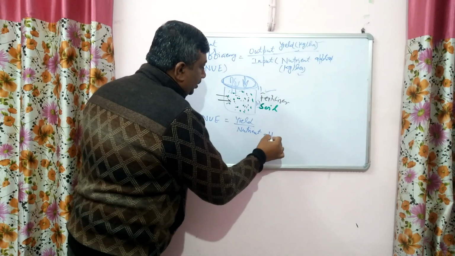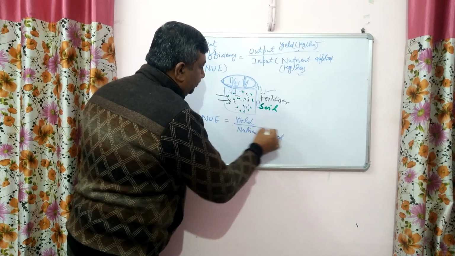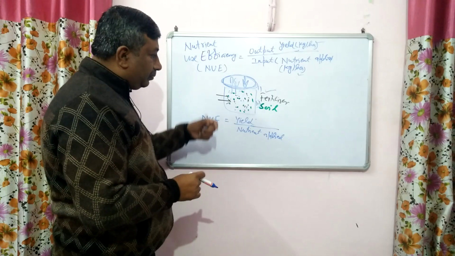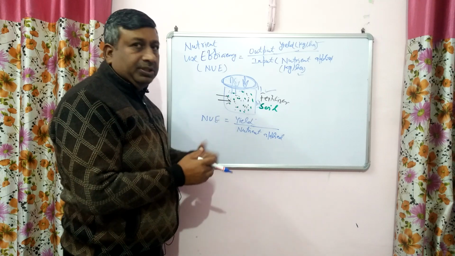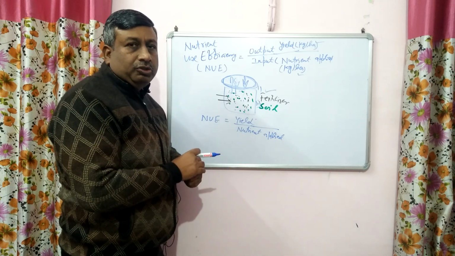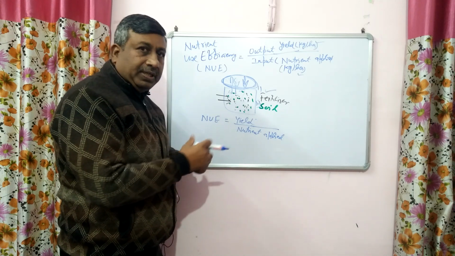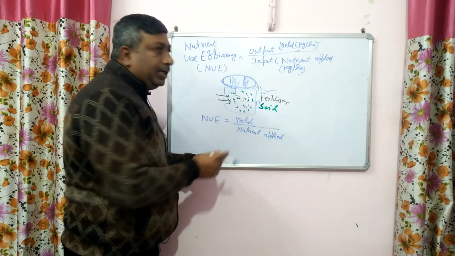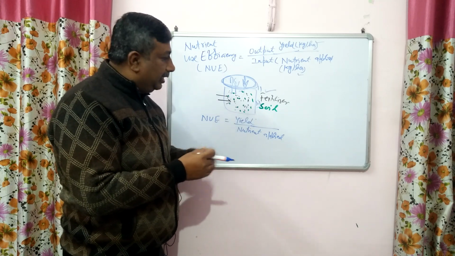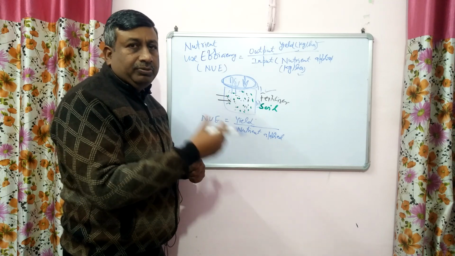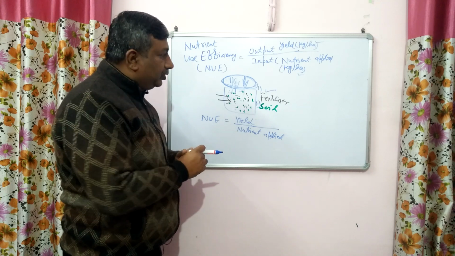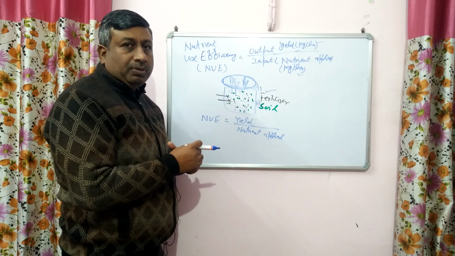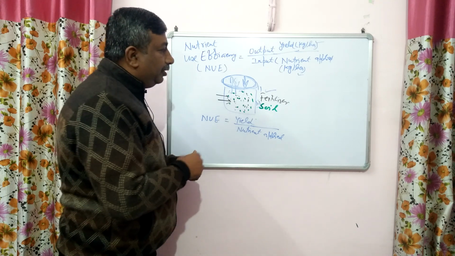Now it becomes difficult to know how much of the yield is from fertilizer and how much is from the nutrient derived from the soil native pool. It is very difficult to find out the contribution of fertilizer and of the nutrients already in the soil. So in this case we have to grow a crop without fertilizer.